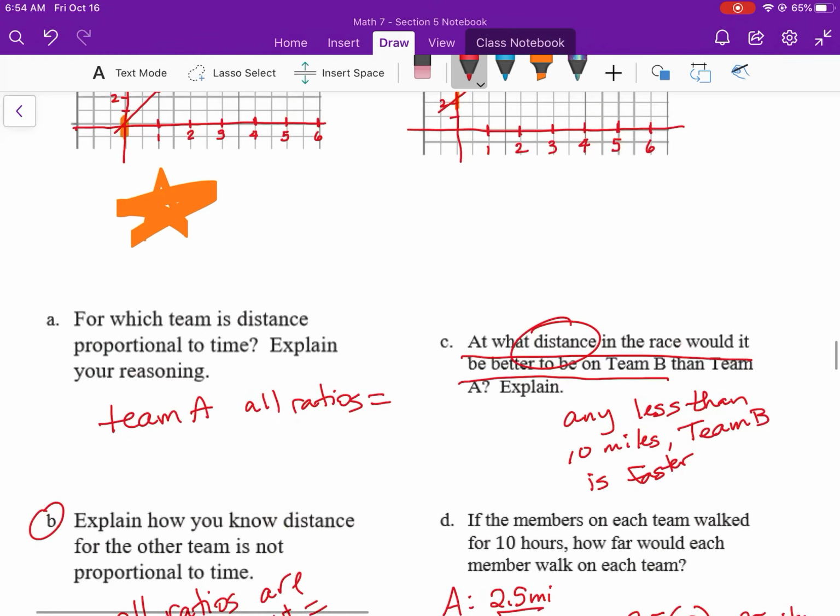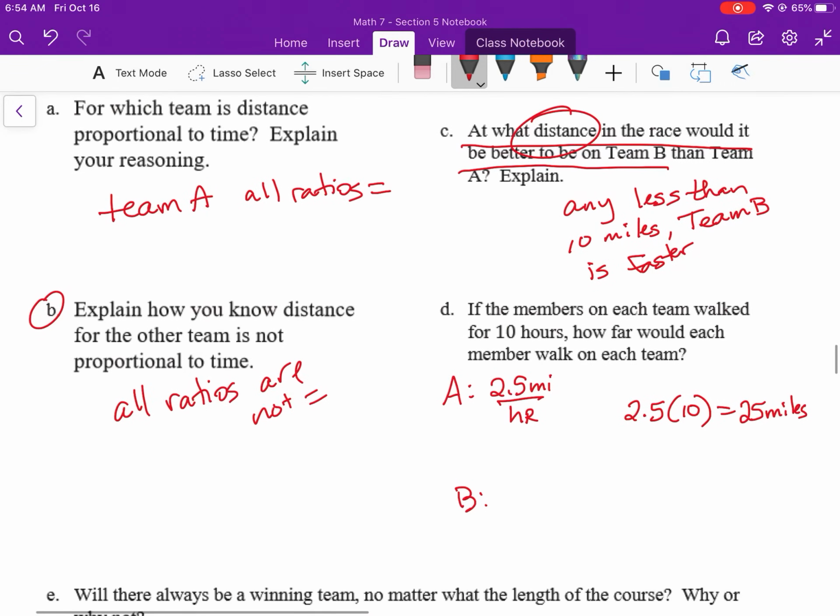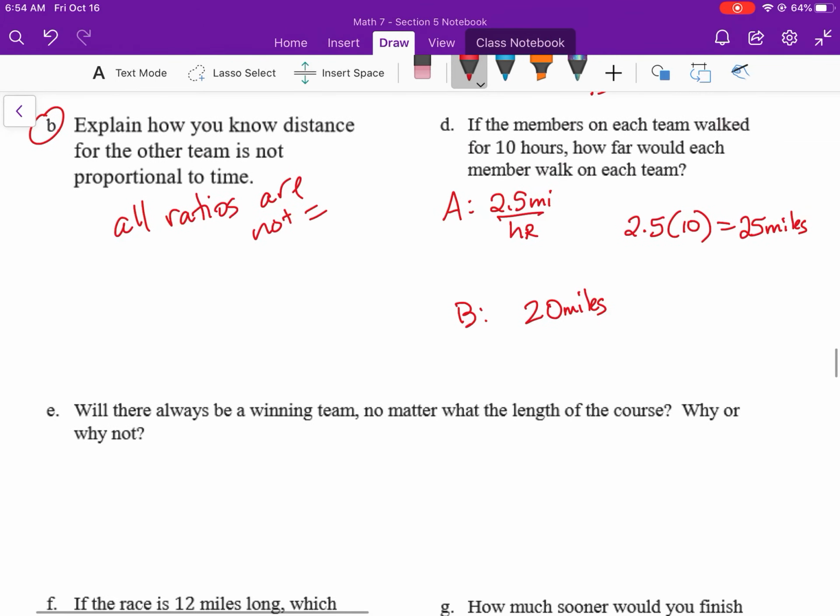It's not so easy with B, right? B, I might want to come back up here and just try to figure it out. 7 would be 16, 8 would be 18, 10 would be 20, right? So it looks like after 10 hours, for 10 hours, this is only 20 miles for team B.